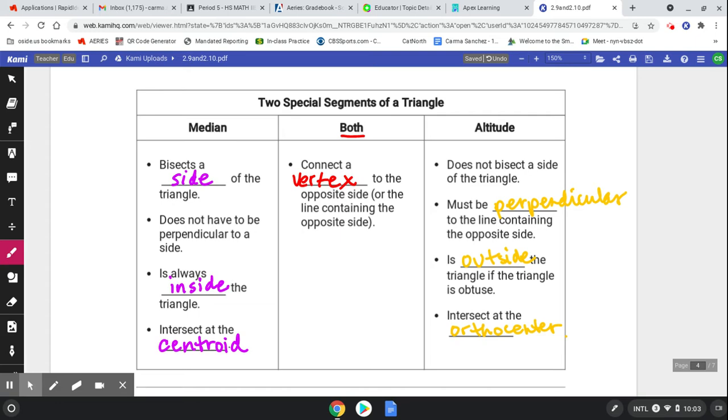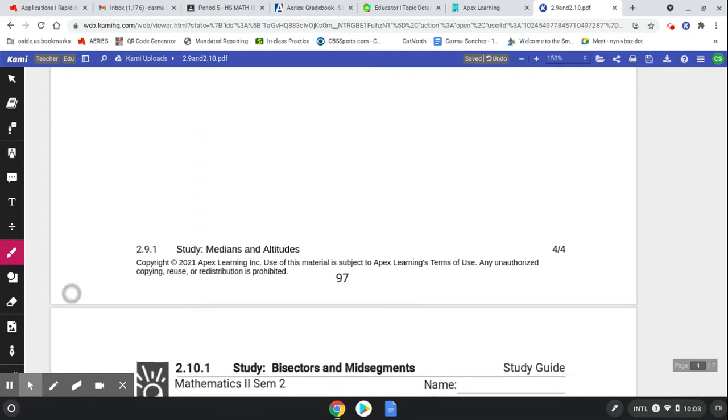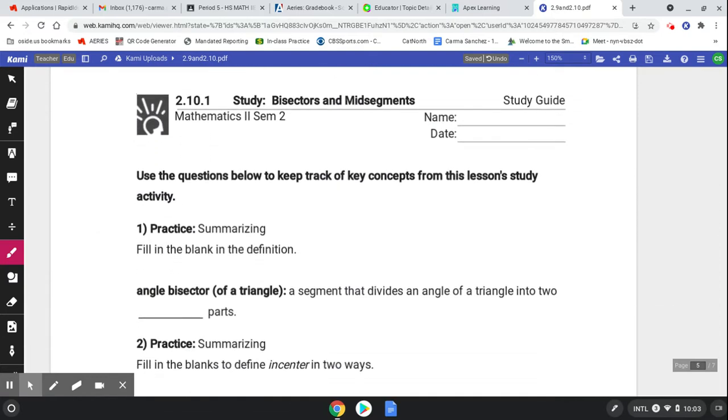And 2-10 is just a couple pages with a couple new vocabularies on bisectors and mid-segments. All right, so take a minute to continue your notes here. And let's start with our first vocabulary, angle bisector of a triangle. This is a segment that divides an angle of a triangle into 2 equal parts.